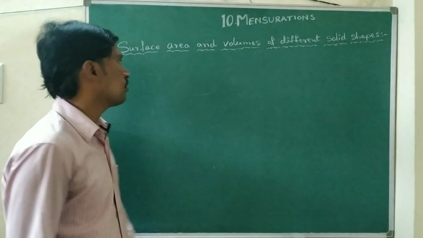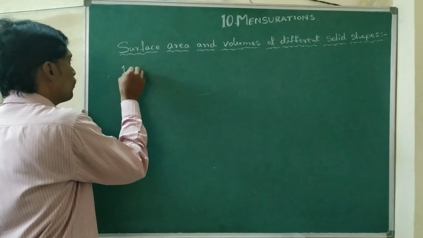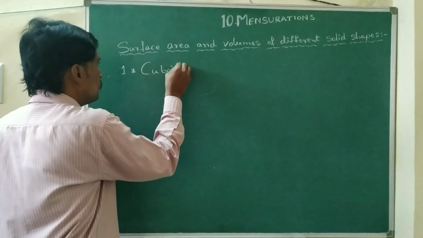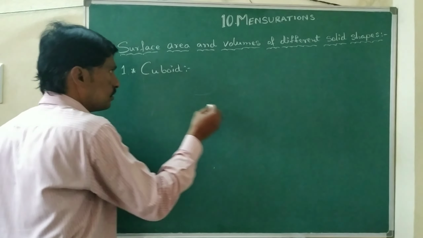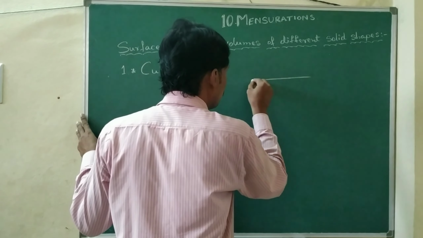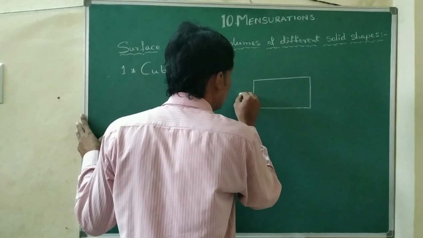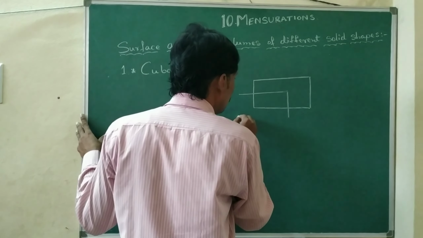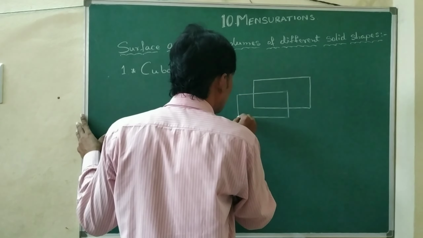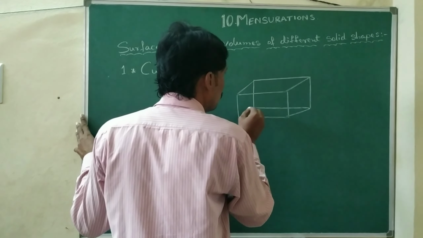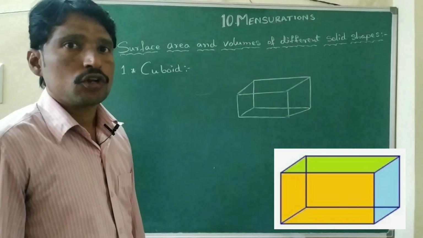Let us see. First one, it is the cuboid. Just you can see the figure. This is the shape of the cuboid.